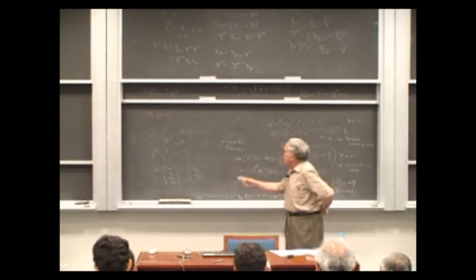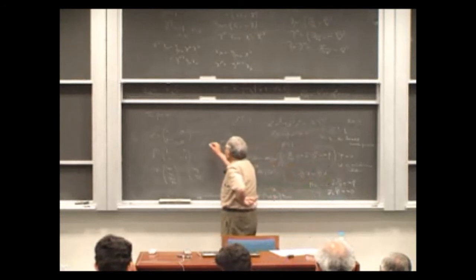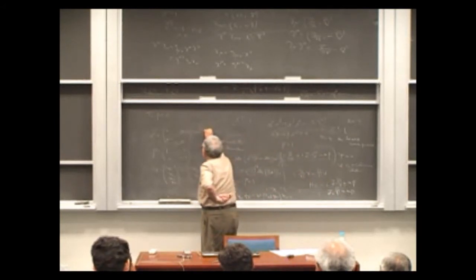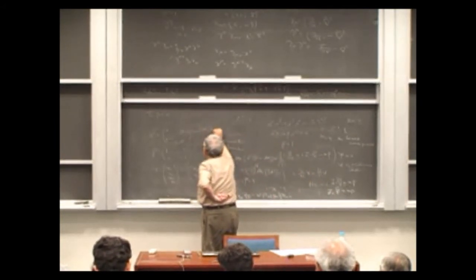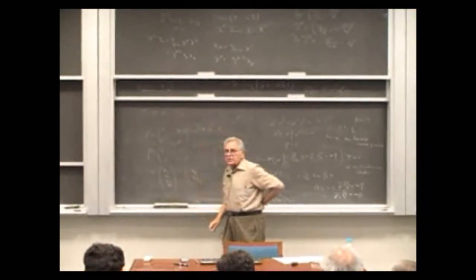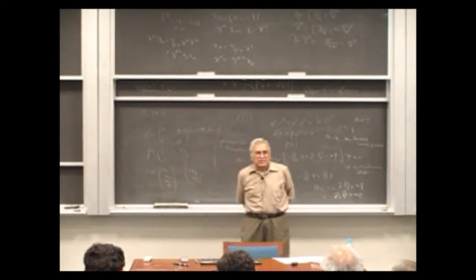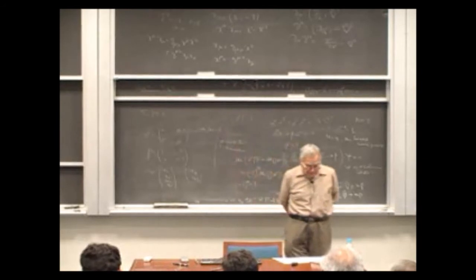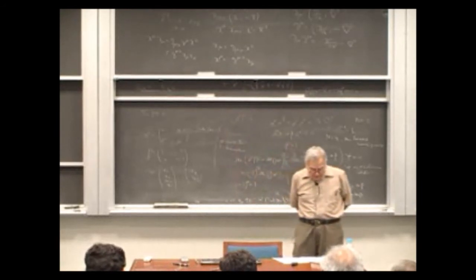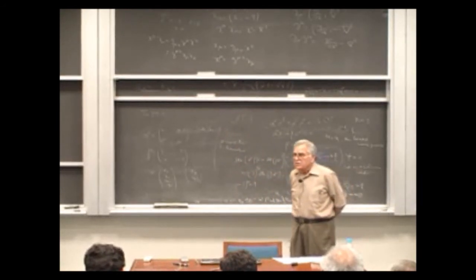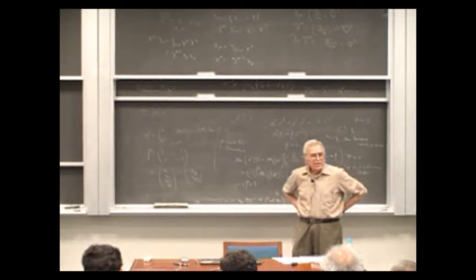So this particular representation is known as the Pauli representation. Now later on I will use another representation which is called the chiral representation, and that I will introduce later, but the two representations are equivalent because they are related by a similarity transformation.